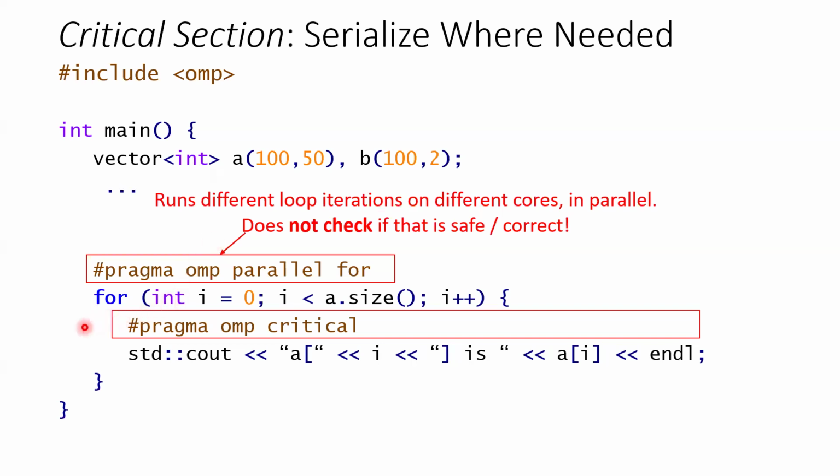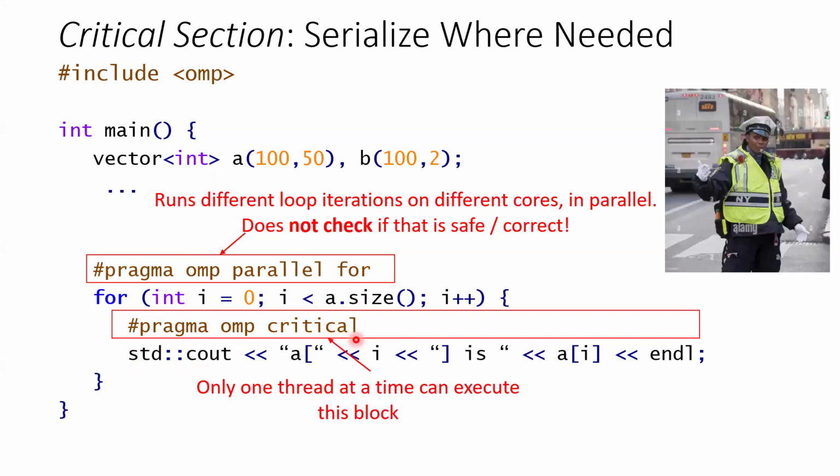So if you want to ensure correctness, set the things that you want only one thread at a time to execute into critical blocks. Making it critical is like adding a lock on it so that only one thread can grab that lock.